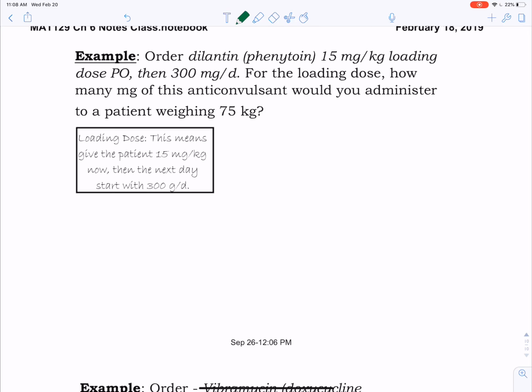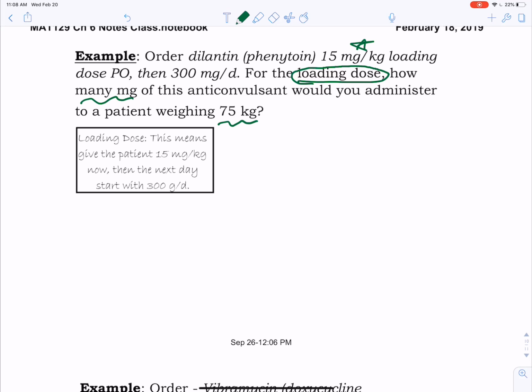Now, we haven't talked about loading doses before. That means that we're giving the patient one larger dose typically at the beginning, or sometimes a smaller dose, and then we're going to continue some other dose long term. So if we look at this, they're only asking us about the loading dose. So I'm only going to focus on the 15 milligrams per kilogram. And they're asking us how many milligrams should we administer to a patient weighing 75 kilograms.